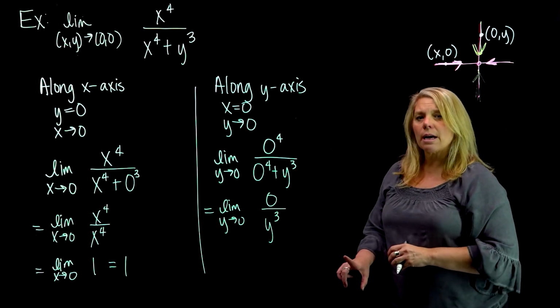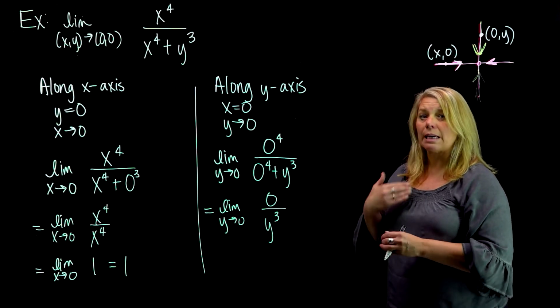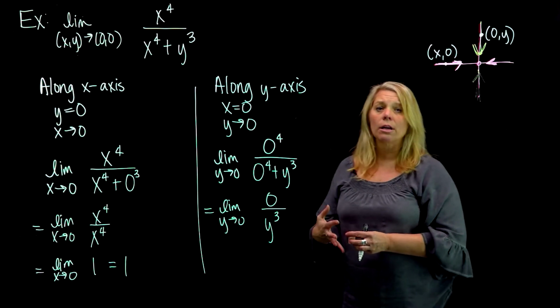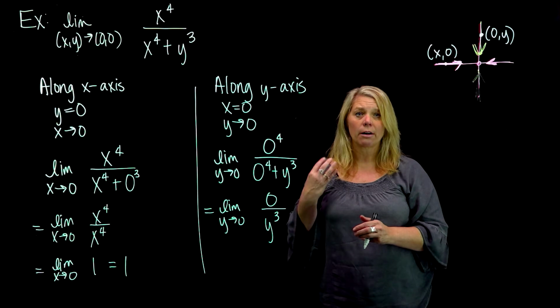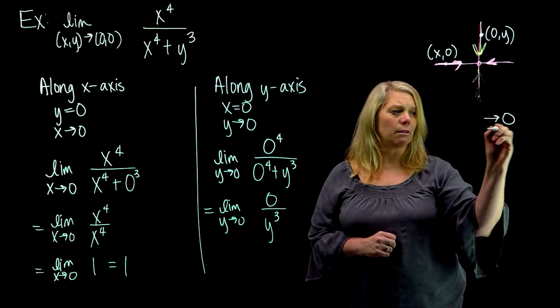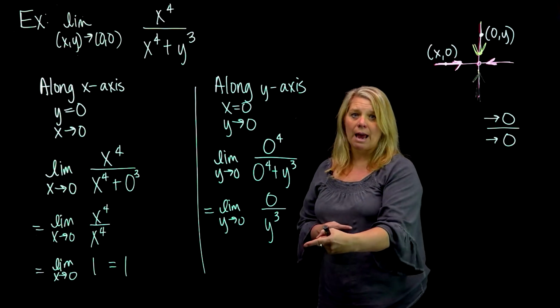Okay, so it's important to understand here the difference between something being actually equal to 0 and something just approaching 0. In Calculus 2, or maybe even before that, you might have talked about limits that are indeterminate forms, where you have something approaching 0 over something that's approaching 0. That is not what we have here.